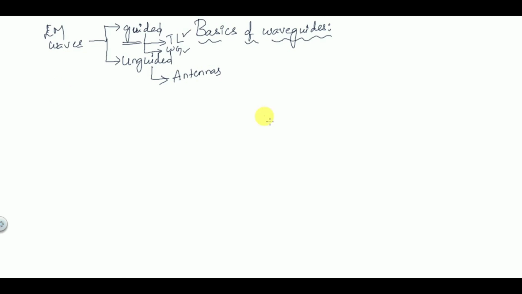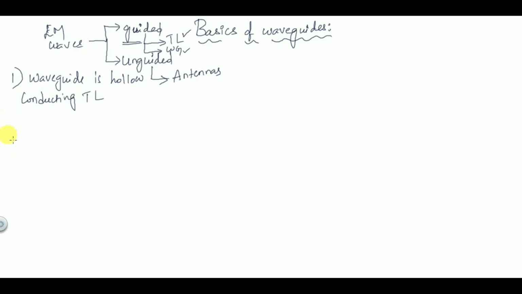Right. So the important points which you have to remember for waveguides: the first point is that a waveguide is a hollow conducting transmission line.